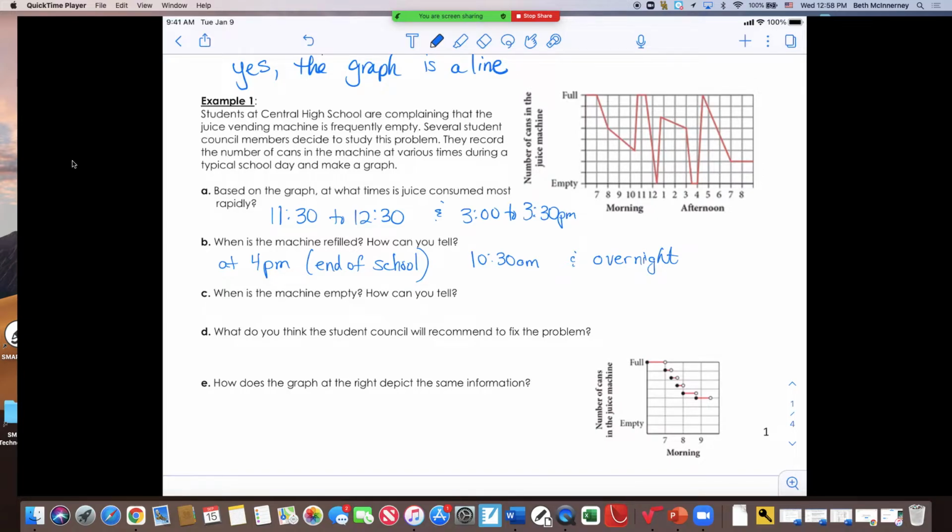Because all we can see is after 8 or 9 o'clock, it's leveled off, and then it's full in the morning. So, I mean, you could say 6 a.m. is okay. Maybe that's when it got restocked. All right, when is the machine empty? So Zoe, when did your group say the machine was empty?